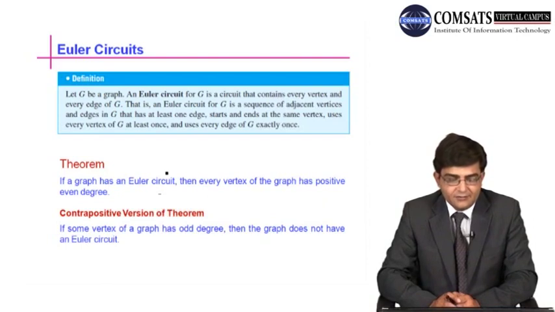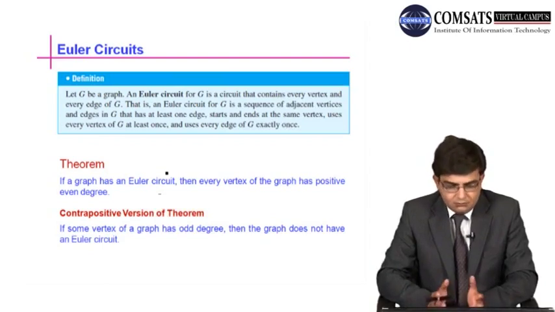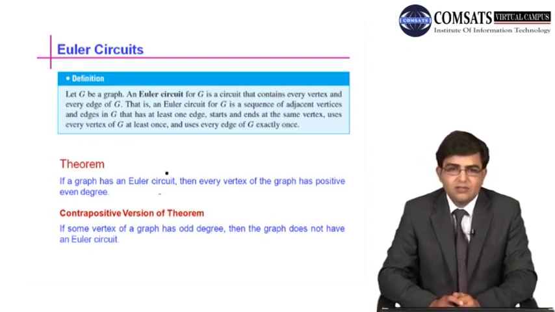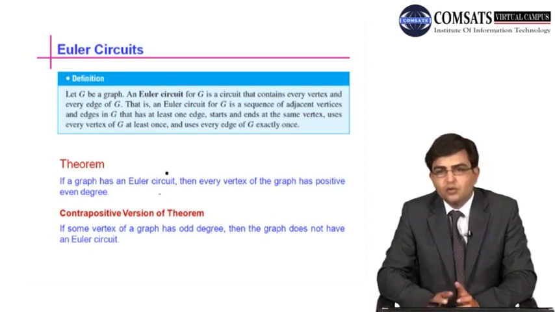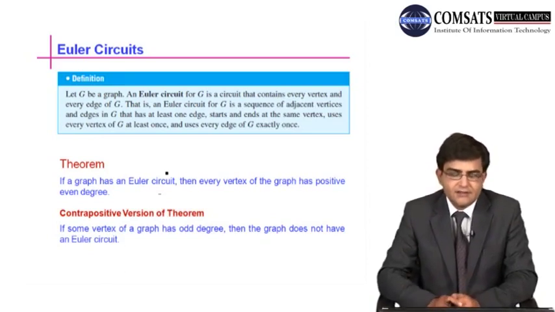If a graph has an Euler circuit, then every vertex of the graph G has positive even degree. Degree can be 0, therefore in the theorem they have used the word positive. Positive means the degree must be greater than 0, and even degree, that is, every vertex in the graph must have even degree: 2, 4, 6, 8, 10, and so on.